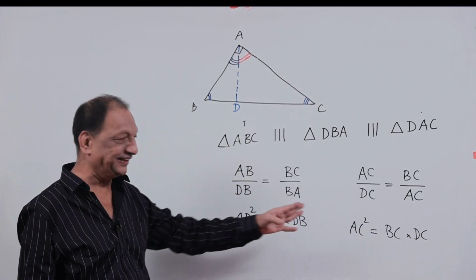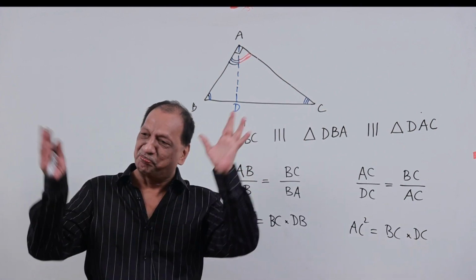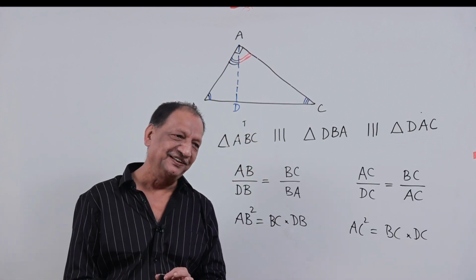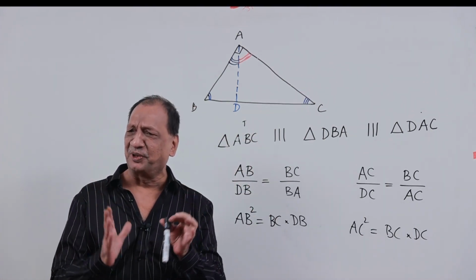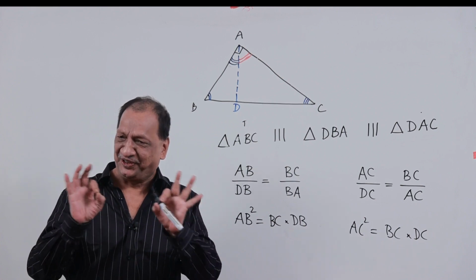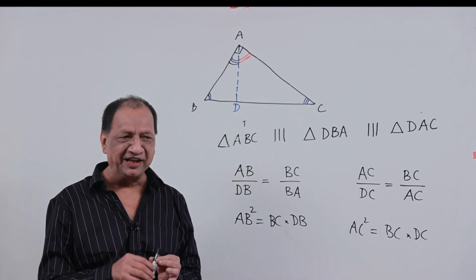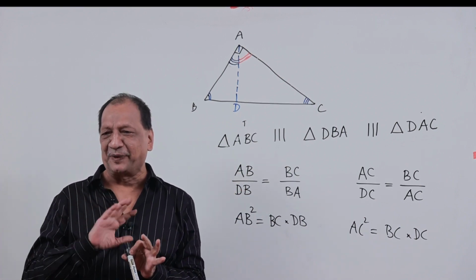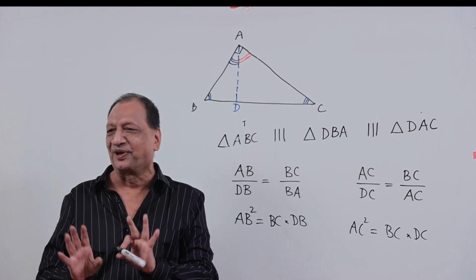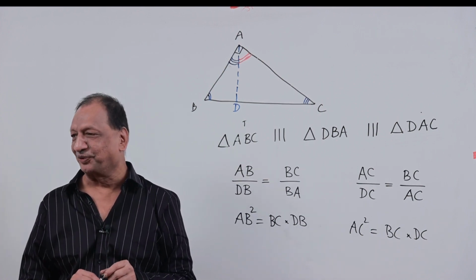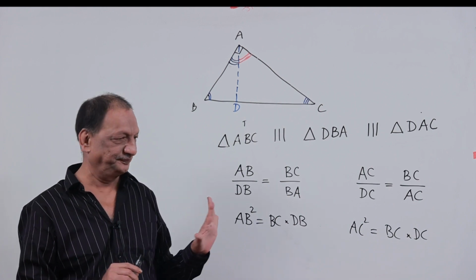But once you have the similarity, you have to jump at it and say, I can apply Thales Theorem. Anywhere that you see similar triangles, apply Thales Theorem. That is the fundamental thing. Anywhere you see a right angle, think of applying Pythagoras Theorem because that is the natural consequence. Right? This is fine.